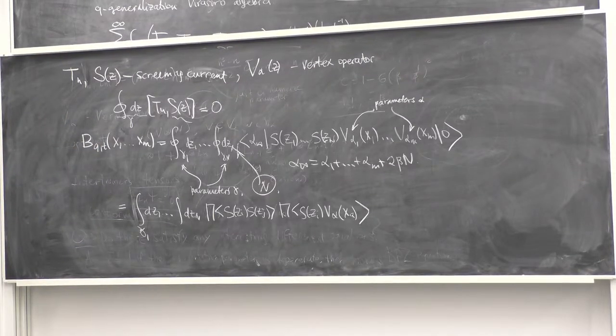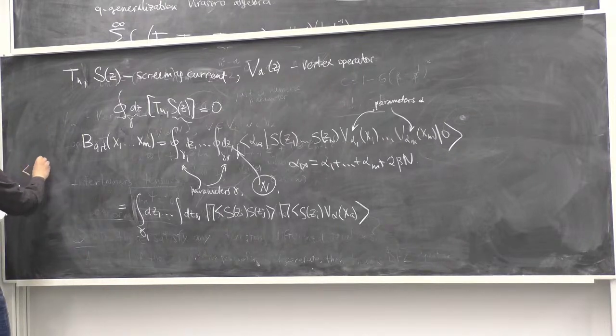So it's a product of two-point functions, where a two-point function is basically just a matrix element. So what I denote by two-point function is just a matrix element.